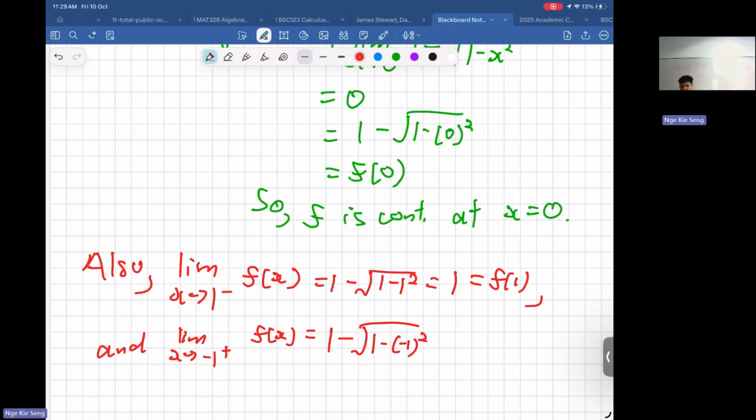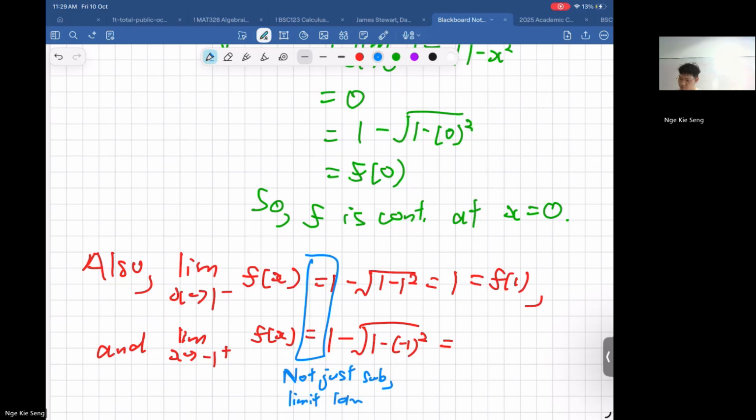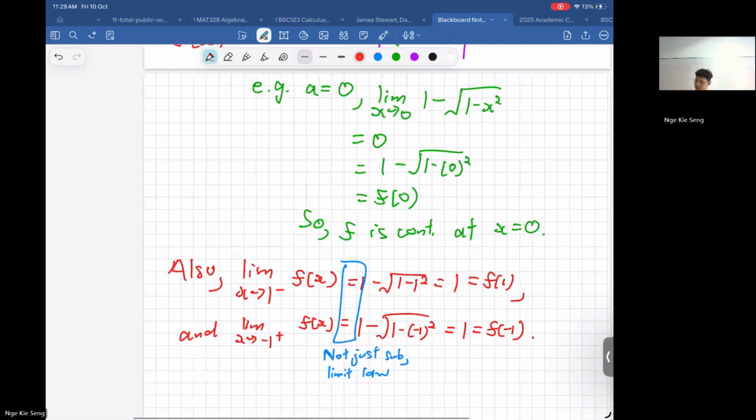Because the right limit exists for this function, you can use substitution. But there's something happening here, not just substitution. Actually you need to go by limit law. And then this also equals 1, which is f of x.